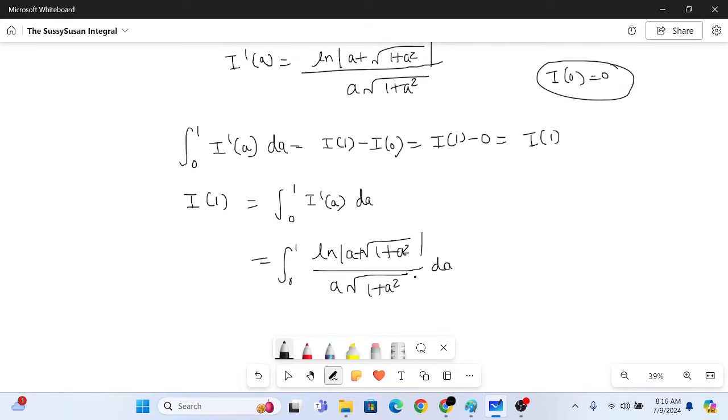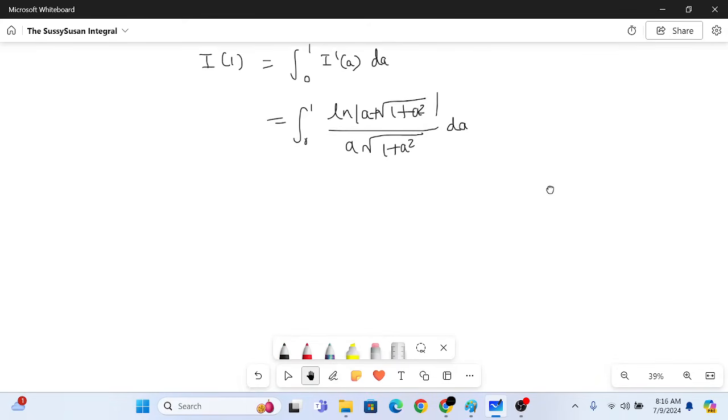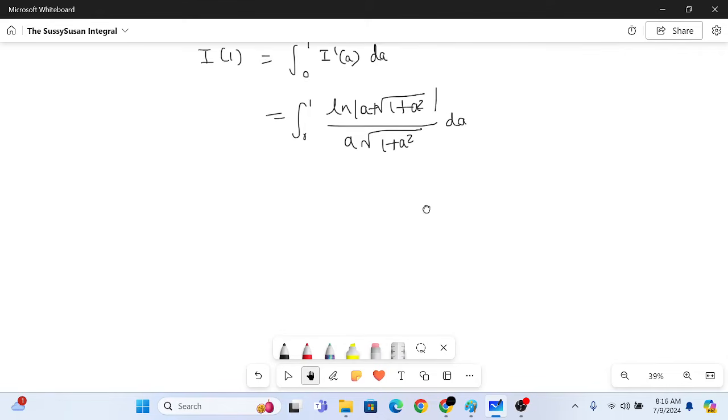Okay, good. This looks good. Now to simplify this expression, you might be thinking of substituting a as tan theta, because then 1 plus a square will be just sec square theta. Yes, so let me do that.